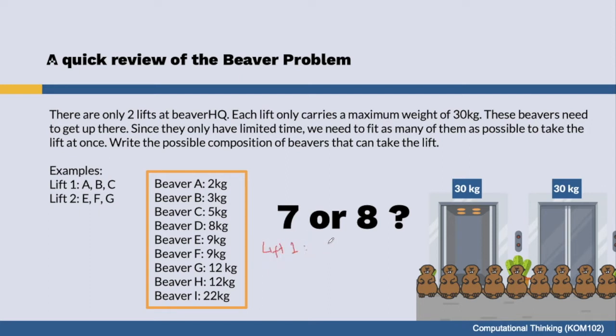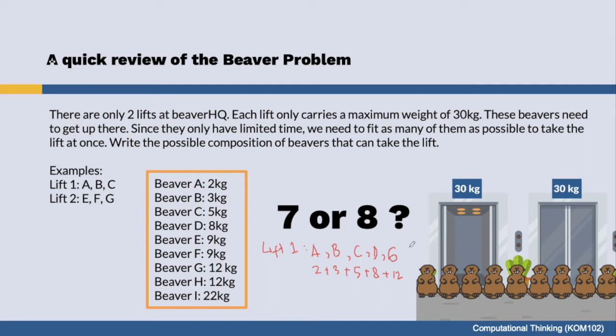We can actually put beaver A, beaver B, beaver C, beaver D, and then we can put beaver G, right? Because this results in 2 plus 3 is 5, plus 8, plus 12. This is 10, 18, and it is 30, and it's still within this range, right?